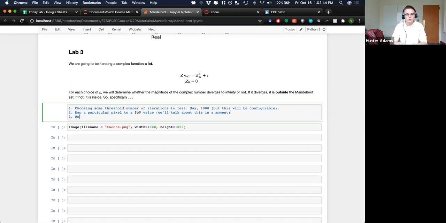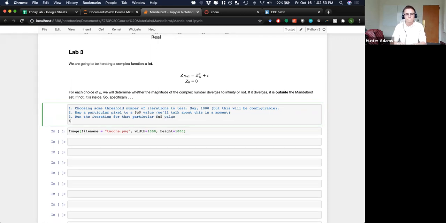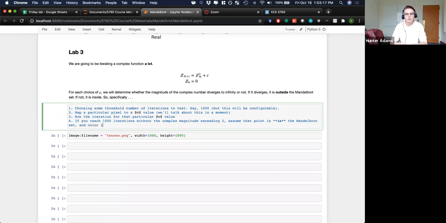We'll run the iteration for that particular C value. If you reach 1,000 iterations without the complex magnitude exceeding 2, assume that point is in the Mandelbrot set and color it accordingly.